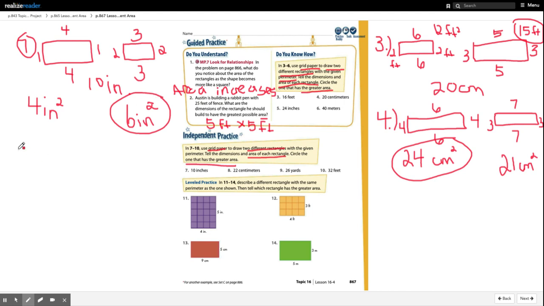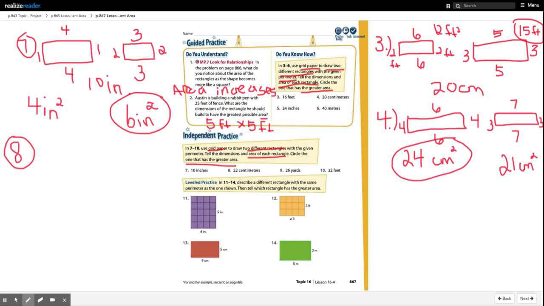Let's do one more together. Number 8. 22 centimeters. I want you to start thinking before I get started with you. What 4 numbers can we add all together to get 22 centimeters?